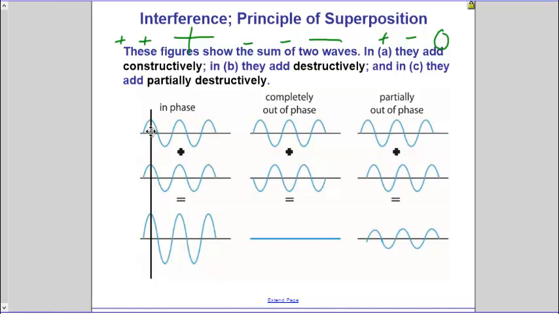If I have, at that point in time or location, a positive amplitude lining up with another wave that's of positive amplitude, and if they're in phase or in sync, these will give us a large wave. So we could say positive 1 plus positive 1 will give us positive 2. A little wave and a little wave gives us a big wave.